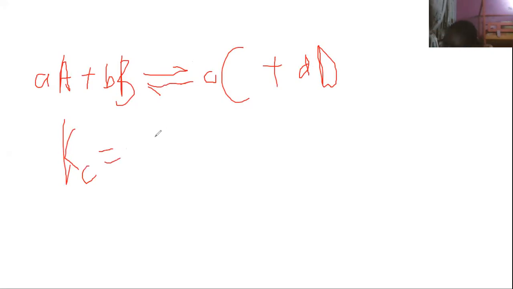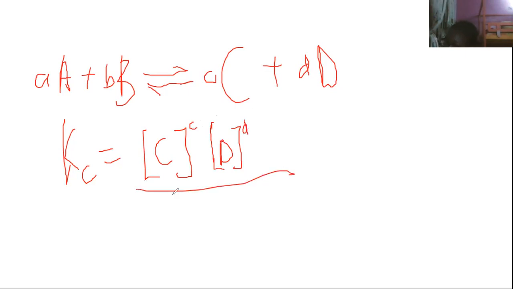It becomes the concentration of C raised to the small letter c, that's the mole, and your D, over your A, and then your B. The equilibrium constant.